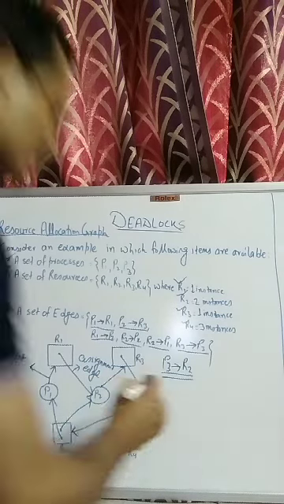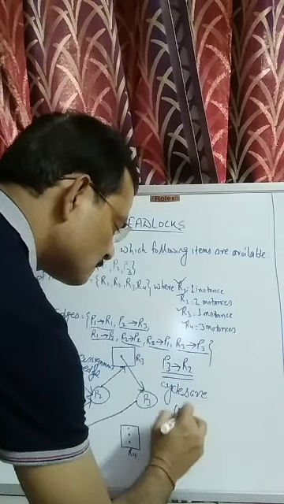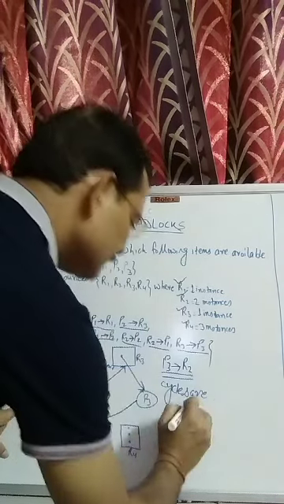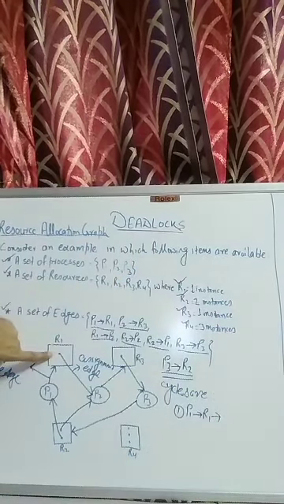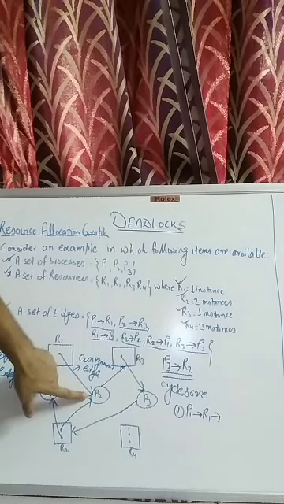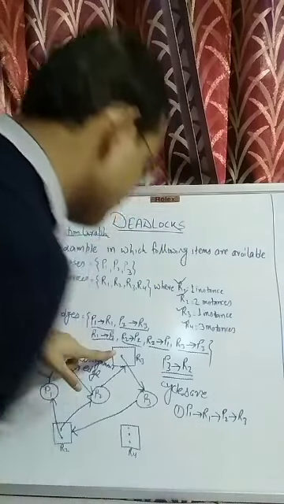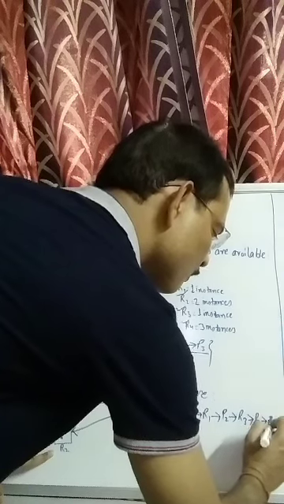Let us see the cycles. The cycles are: first, from P1 arrow R1, arrow P2, arrow R3, arrow P3, arrow R2, arrow P1.